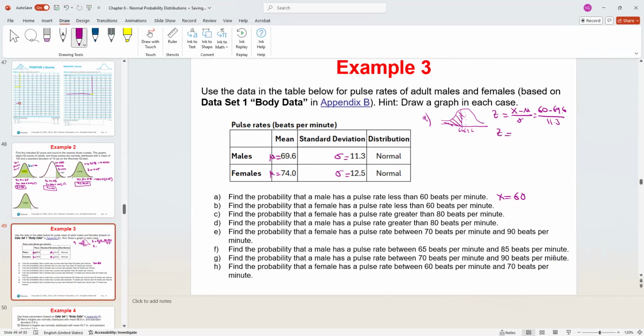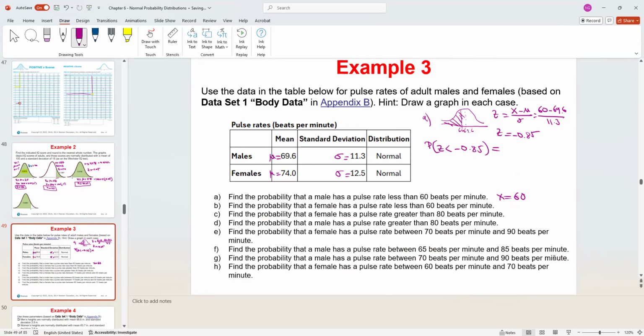First of all, what this gives us is negative 0.85. Because we are on the left, the probability that Z is less than negative 0.85, go in the table and take exactly what you find.